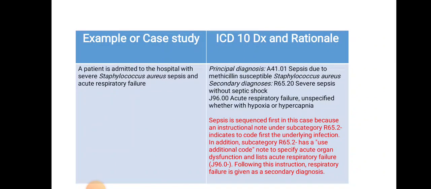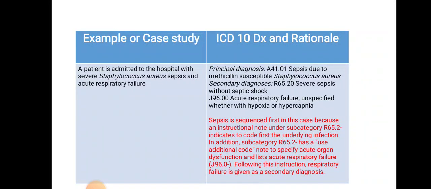So sepsis due to methicillin susceptible staphylococcus aureus. This is a specific code, A41.01, for this infection, followed by the secondary code which is severe sepsis without septic shock.